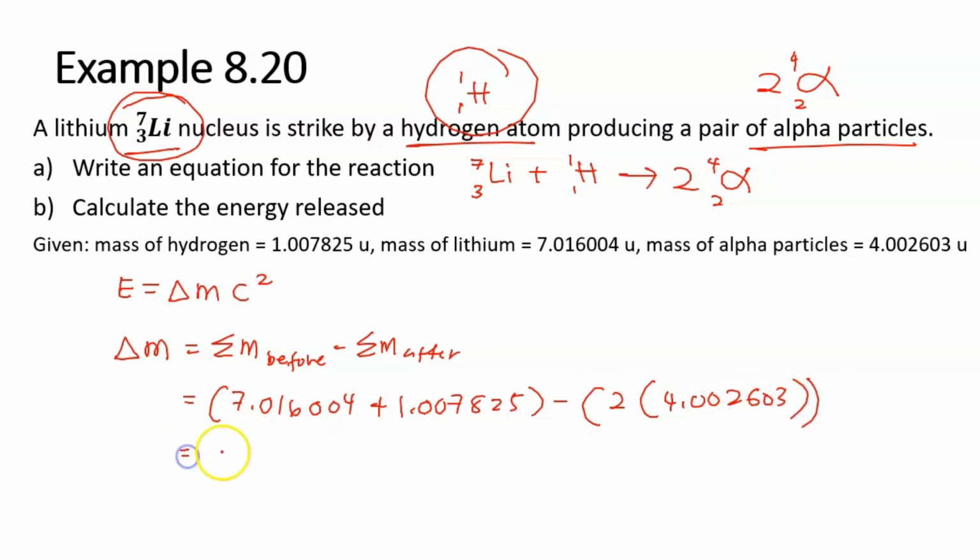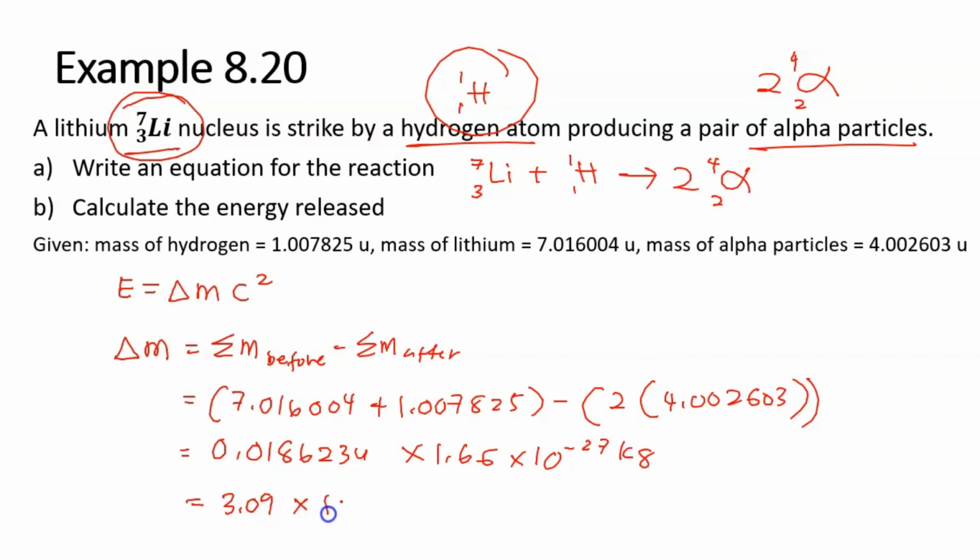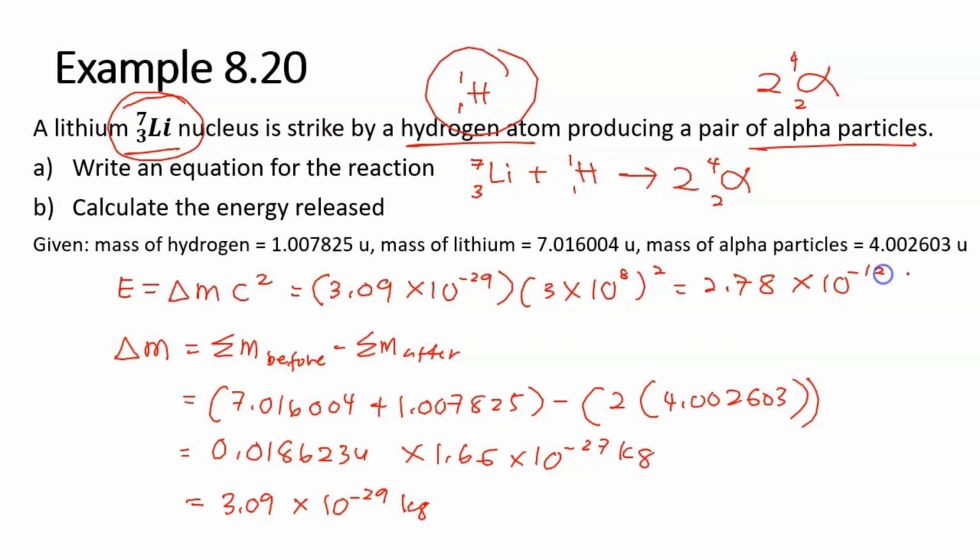Okay, dapatlah dia punya delta M, 0.018623 U, times with 1.66 exponent negative 27 to convert in kilogram, then you'll get 3.09 exponent negative 29 kilogram. Therefore, we can find the energy by substituting delta M in kilogram times with the speed of light square. Then the answer is 2.78 exponent negative 12 joule.